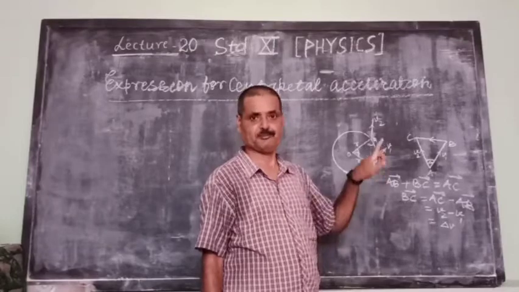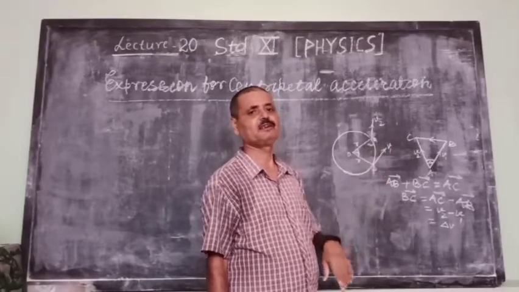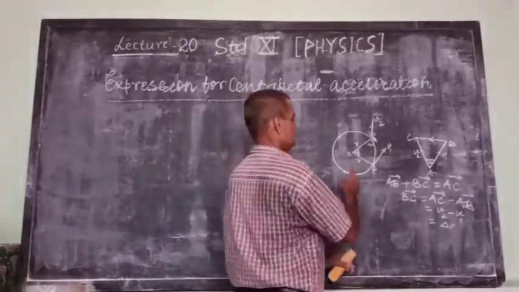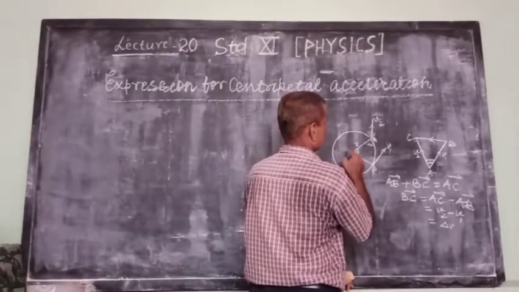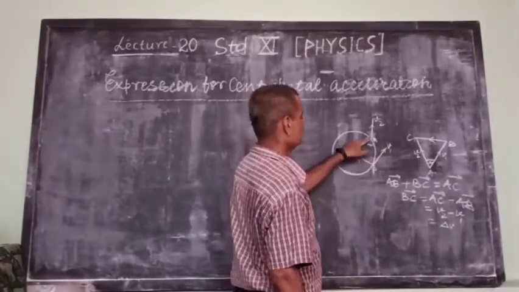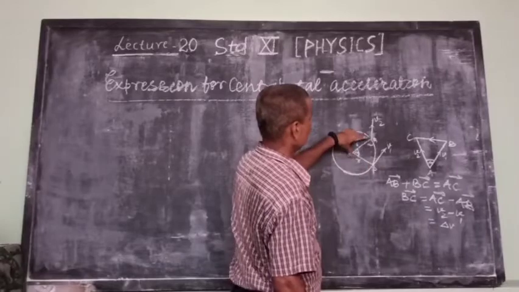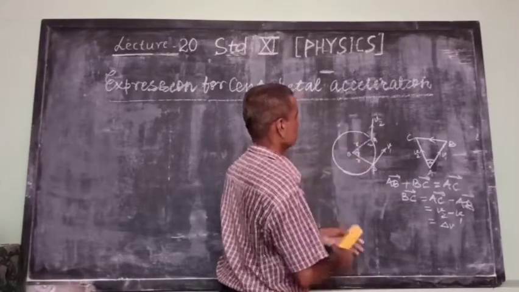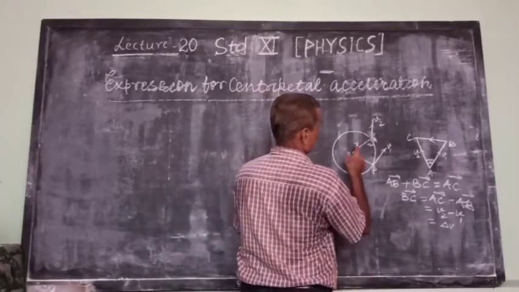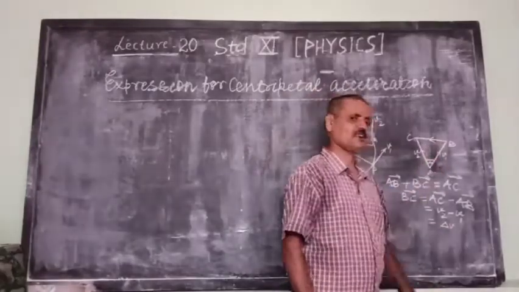The speed will be the same, but the velocity will change according to its direction, and O is the center of the circular path. Naturally, joining these two will be the radius. So I have taken it as R and consider this diagram.